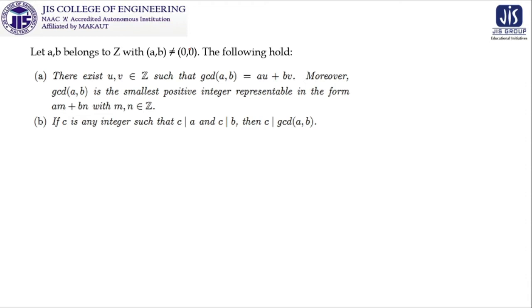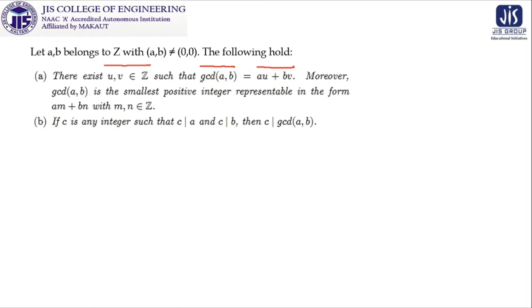Please concentrate on this, because here we start the properties of GCDs, but before that you can treat it as very important information related to the GCD of two numbers. We are saying that there exist u and v in Z, the set of integers, such that GCD of a and b can be written as au plus bv, which was already discussed in the last slide.